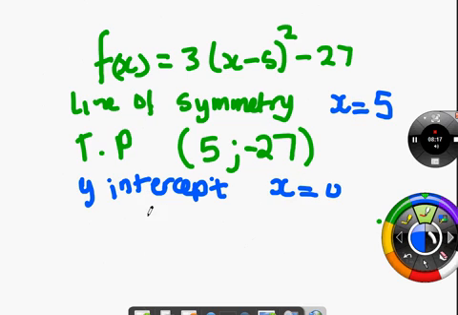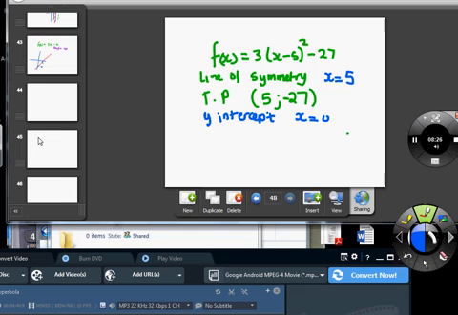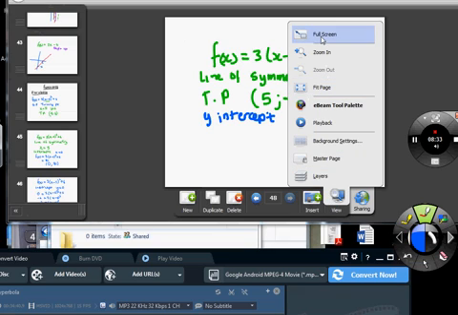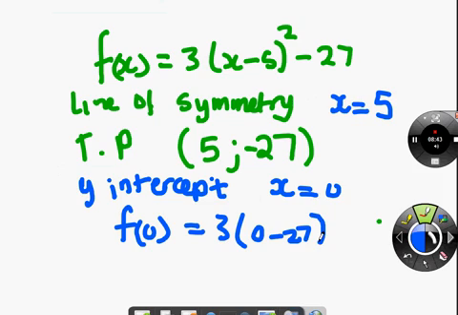So this will give us, let me just show you how I would use the calculator here. f of 0 is equal to 3 bracket 0 minus 5, squared, minus 27. So I need to get this on my calculator.